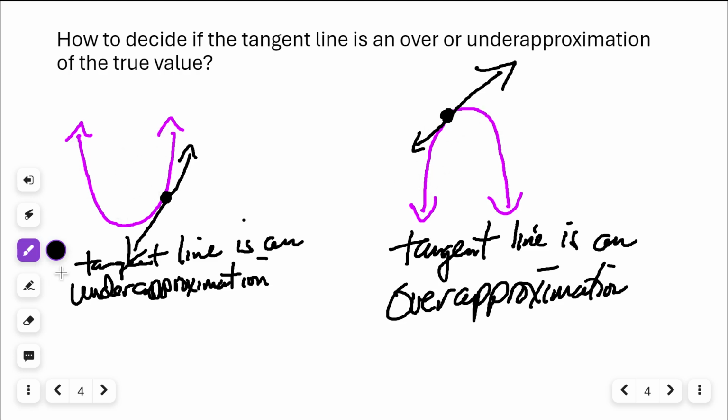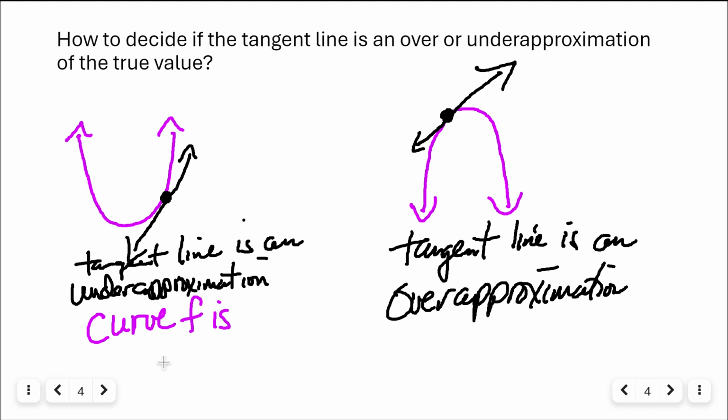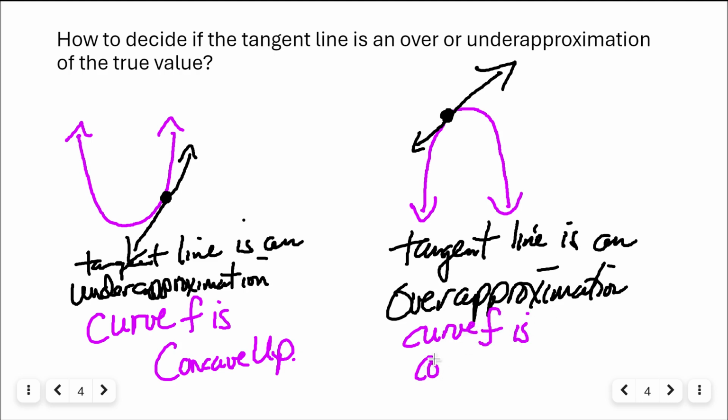And hopefully you can see that the difference is the curve f over on the left is concave up, but the curve f on the right is concave down.